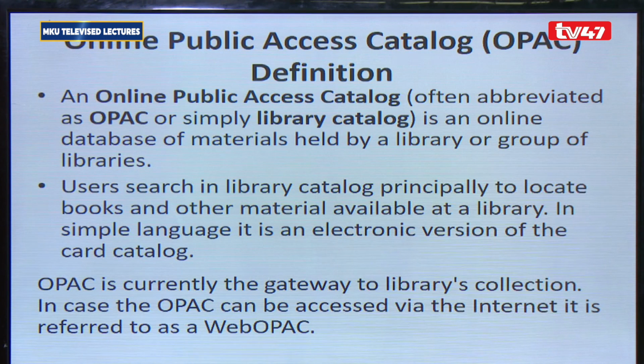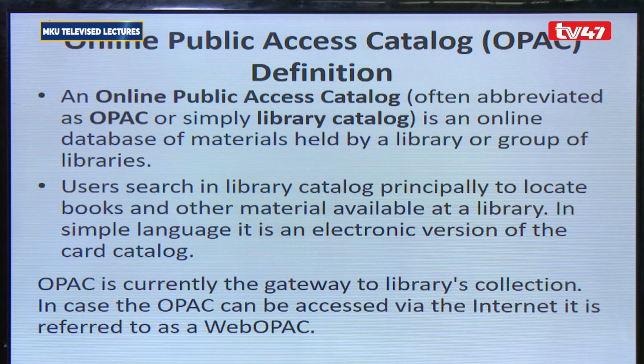If you have a key that corresponds to a particular room, you can open and enter the room and access the contents of the room. Without the key, you cannot access the contents of the room. And OPAC is like that.